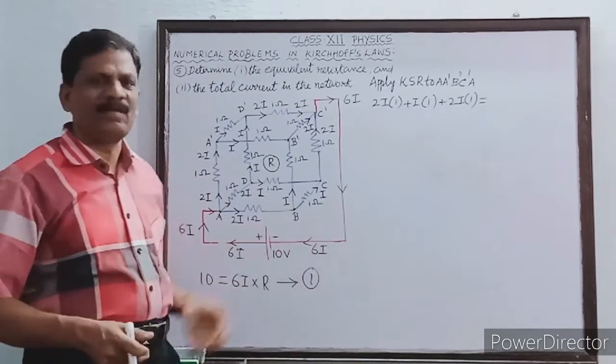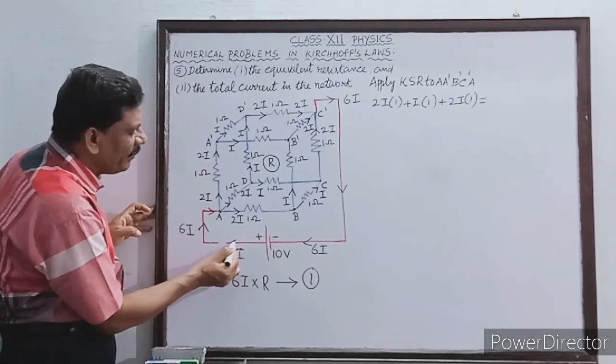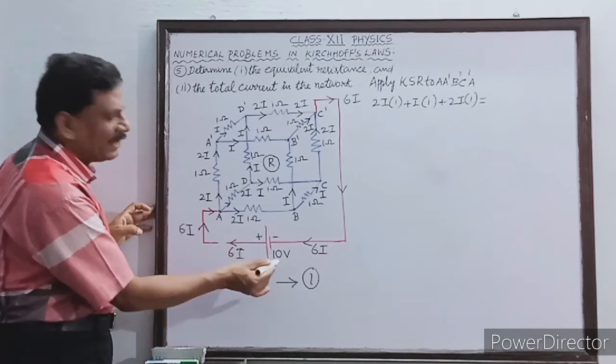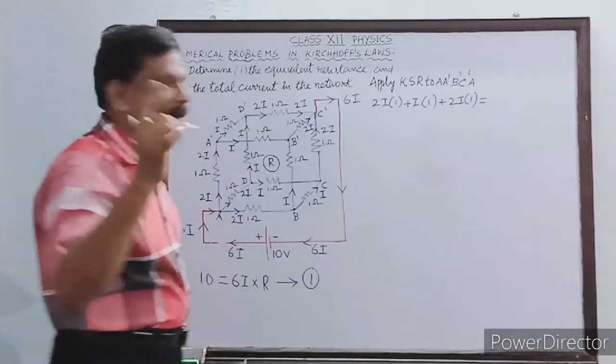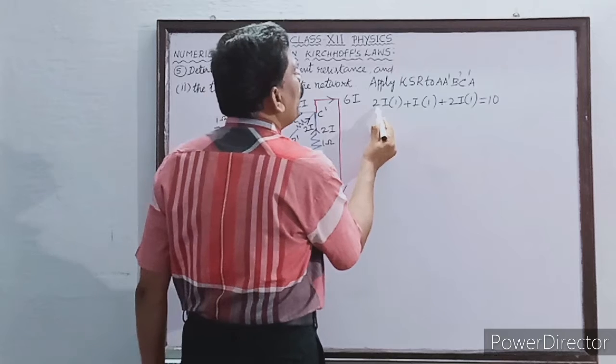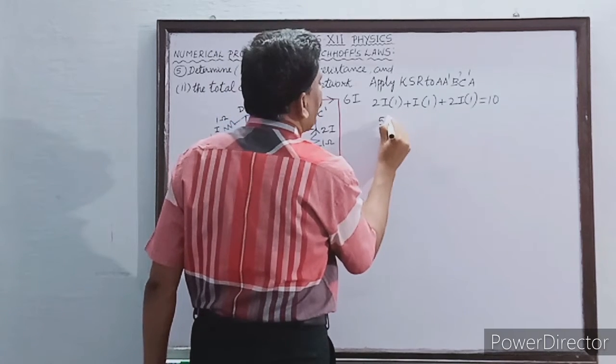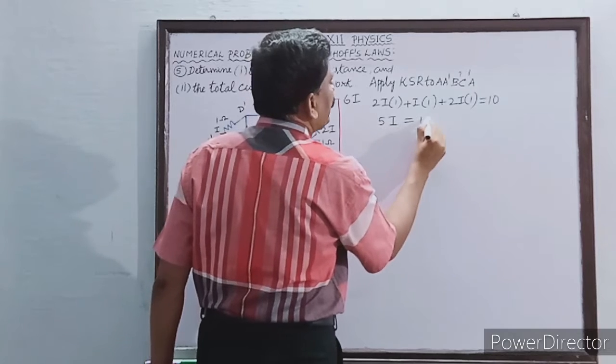Many times in many problems you have seen that while completing the circuit, when the current is leaving from the positive terminal, then this 10 volt is positive. So 2I plus I plus 2I, that is 5I, is equal to 10.